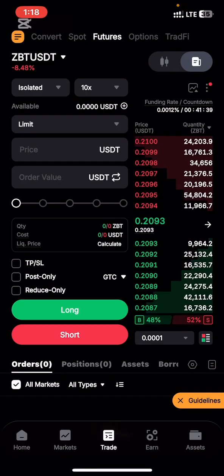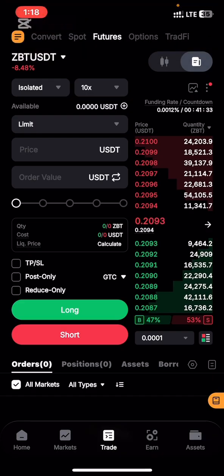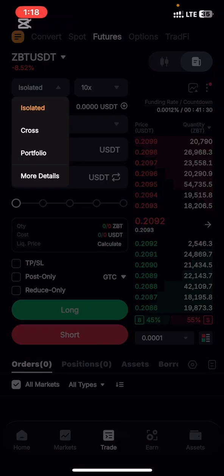Before starting trading, all crypto traders have to know this. You can see my screen, at the top right, the place written isolated. We have isolated and cross. How does it work? Isolated permits you to enter a trade with a set amount of money. For instance, in your wallet you have $100 and you want to enter a trade of $20.